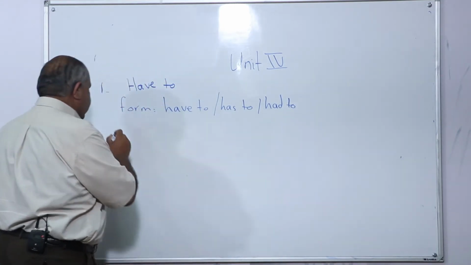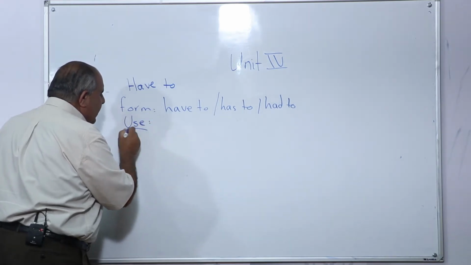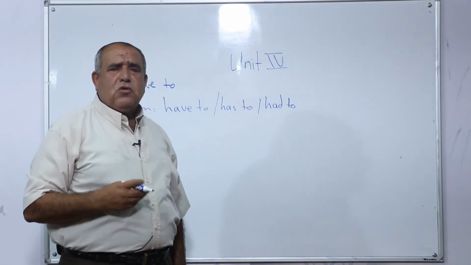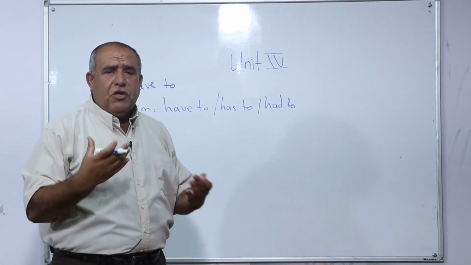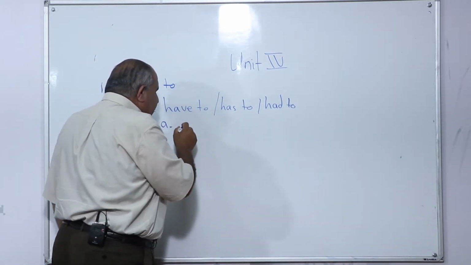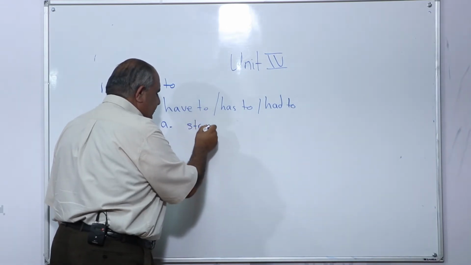Now these are examples on the form of have to. Now the use of have to. When we talk about the use of have to, we are going to give things related to the meanings of have to. And how do we use have to? Number 1, have to stands for a strong obligation.